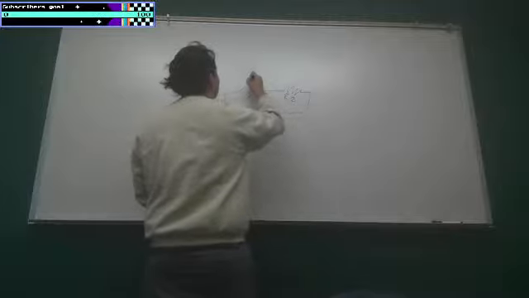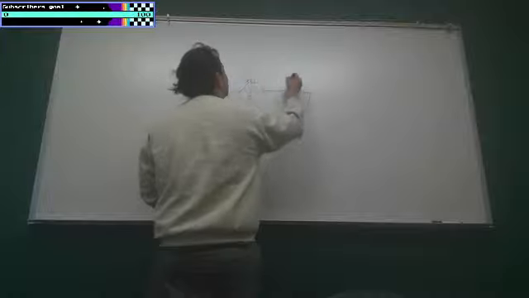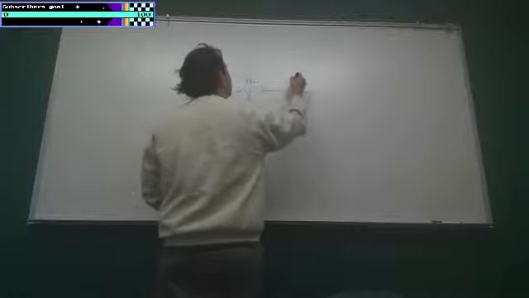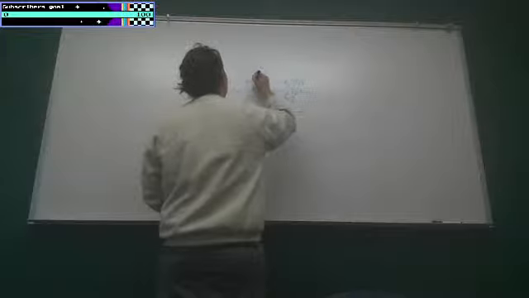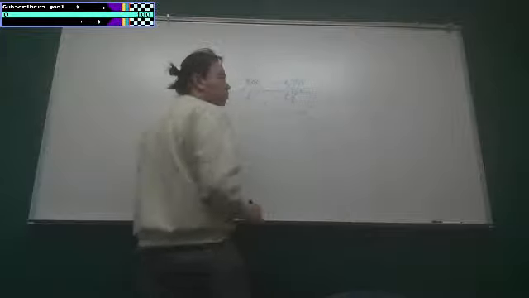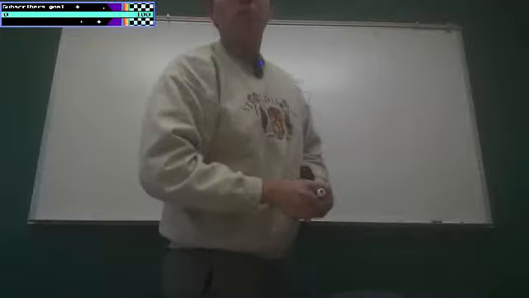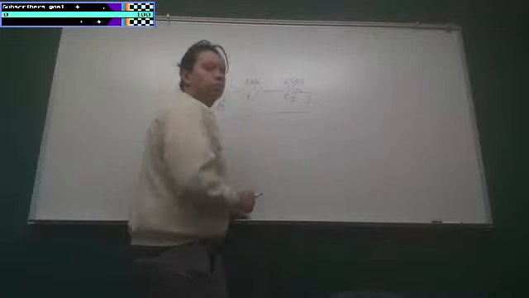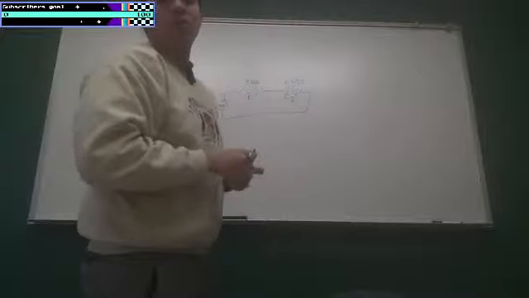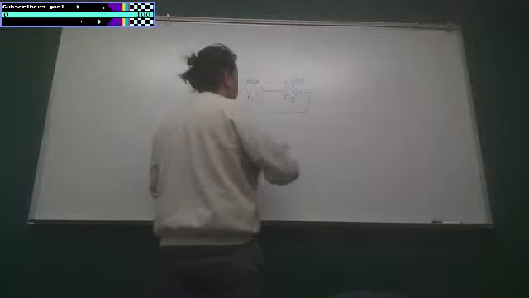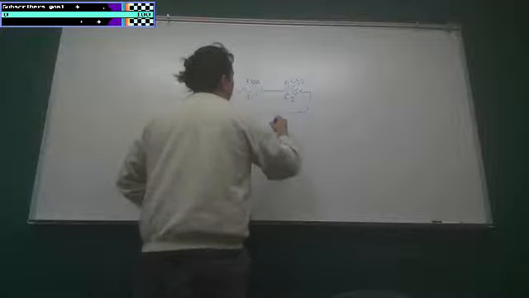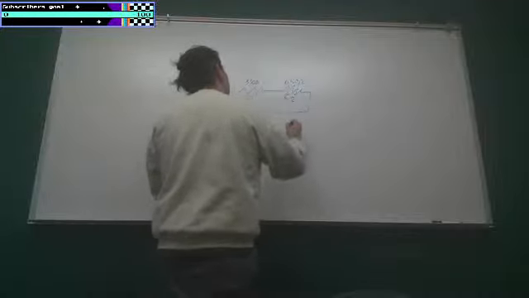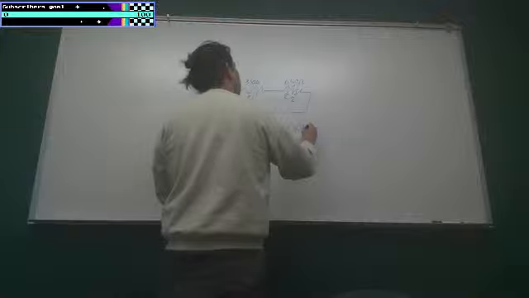all right, this is 330 ohms. This is 650 ohms. And what we're trying to do is find the R total, which is the RT, which is just R1 plus R2.